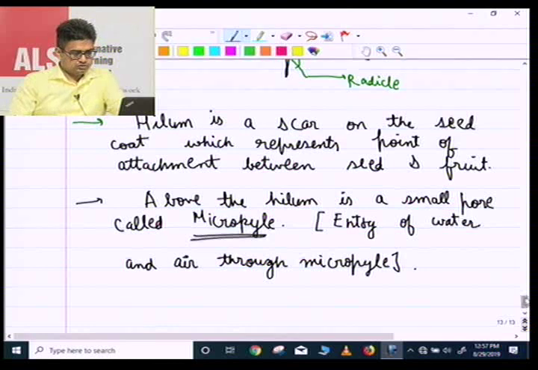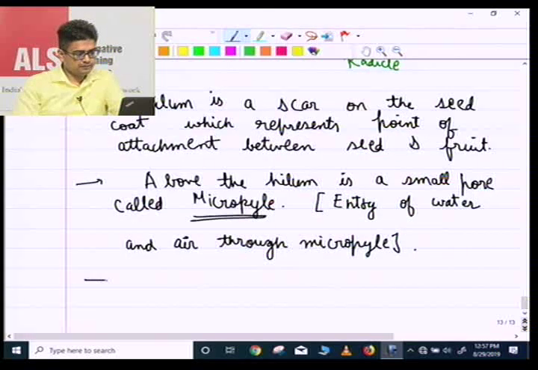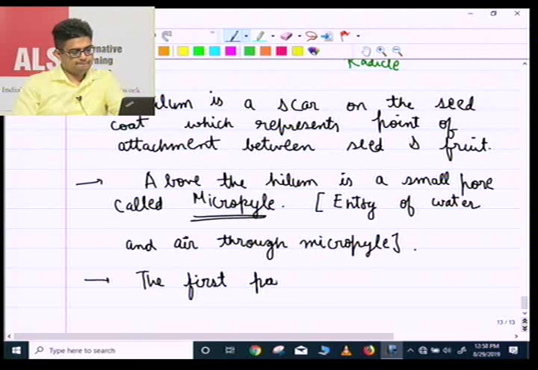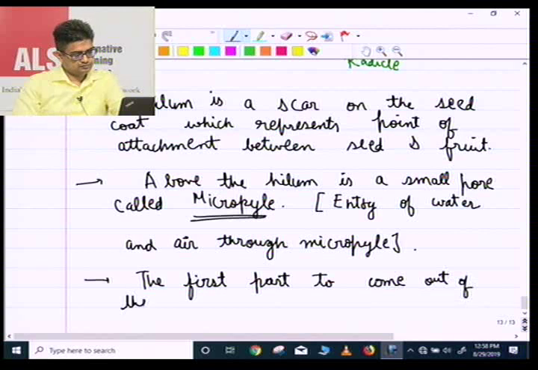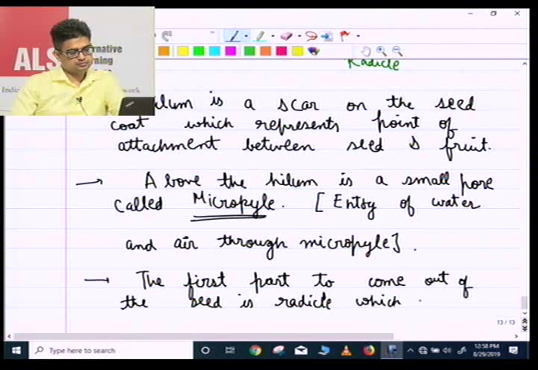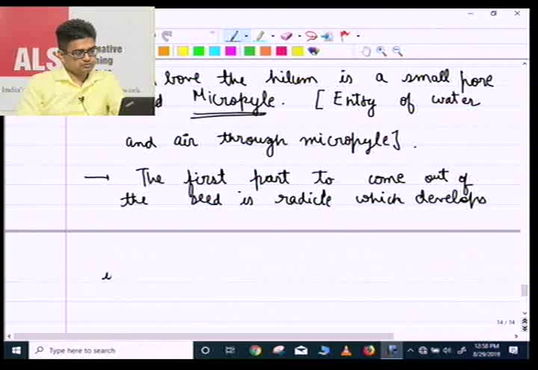Okay, so the first part to come out of the seed is radicle, which develops into the taproot.